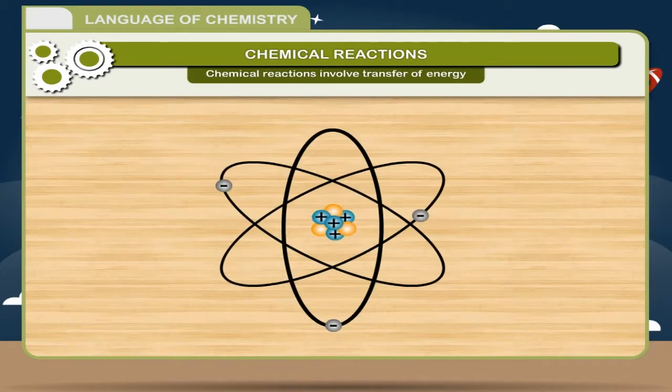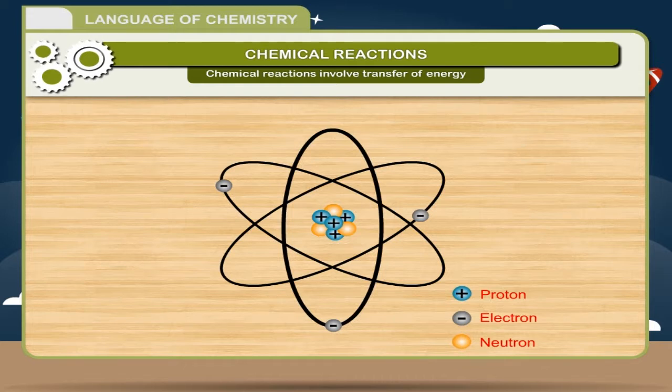In the previous lesson, you have already learned that atoms are made up of subatomic particles called protons, neutrons, and electrons. These subatomic particles are held inside the atom due to energy associated with them.